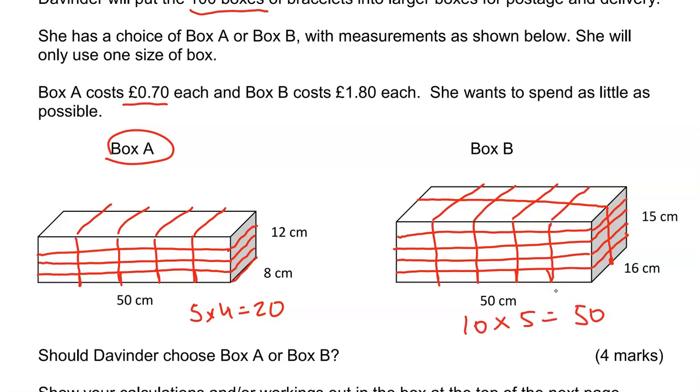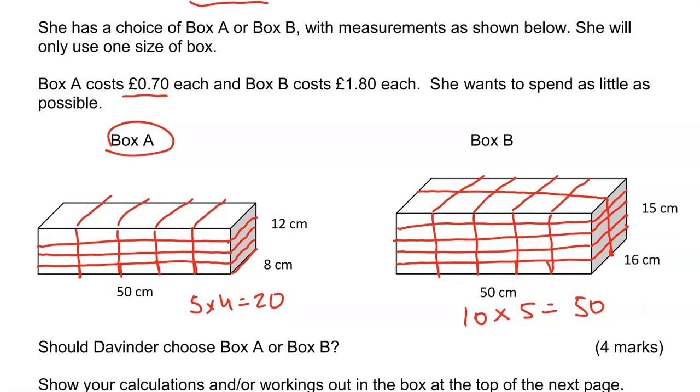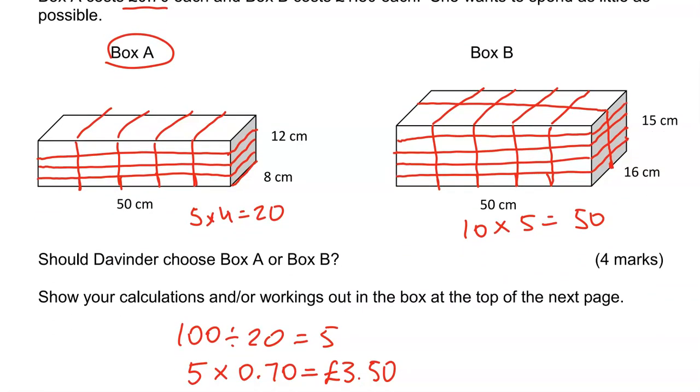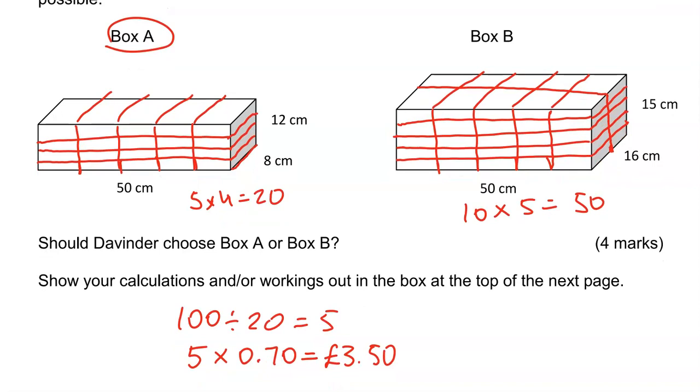So 50 small boxes fit into box B. And again, she has 100 small boxes, so 100 divided by 50 gives us 2. So she only needs 2 of box B.